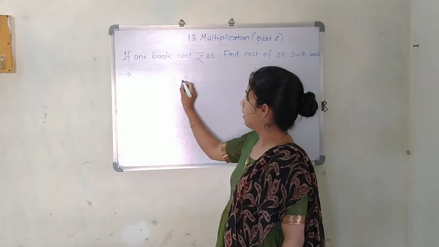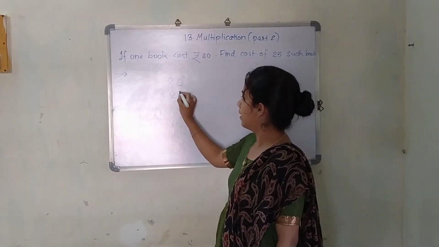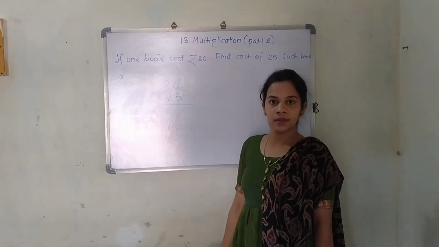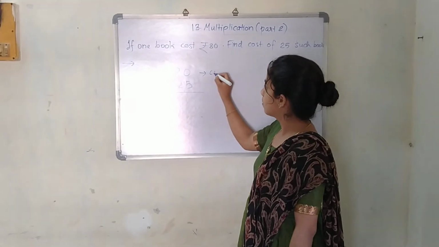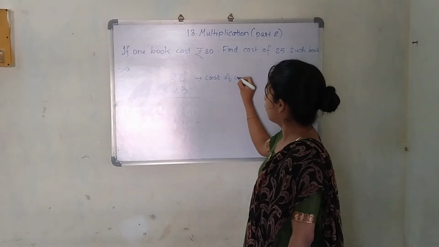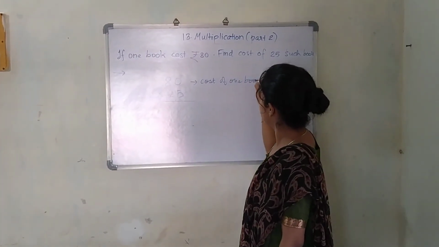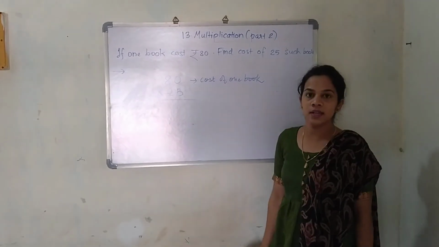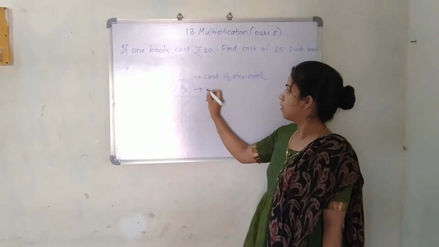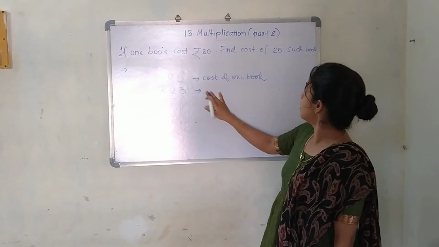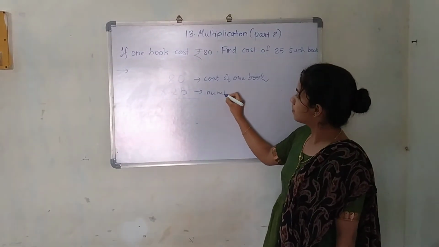So 80 into 25. 80 is what? Cost of one book. And 25 is what? 25 is the number of books.